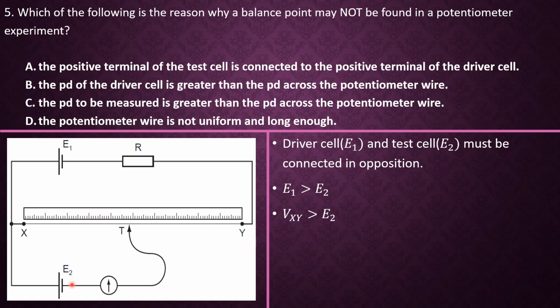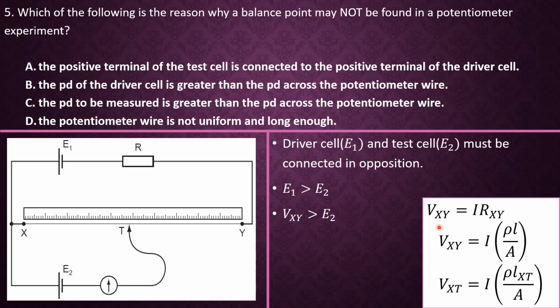So if E2 is bigger than Vxy, then what you have to do is lower the value of R, so that more PD is dropped across Vxy. And so you might now be able to find a balance point, where the PD across Vxy might just be equal to E2. Then that becomes the balance point, right? And so these are the necessary conditions to get a balance point.